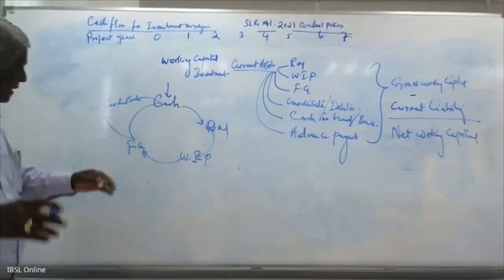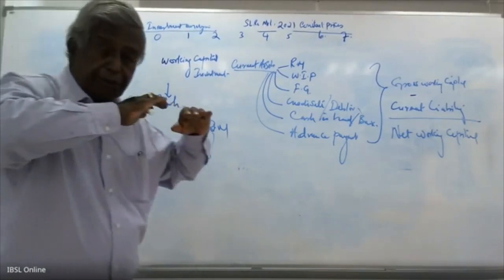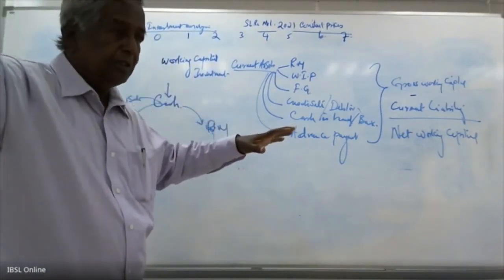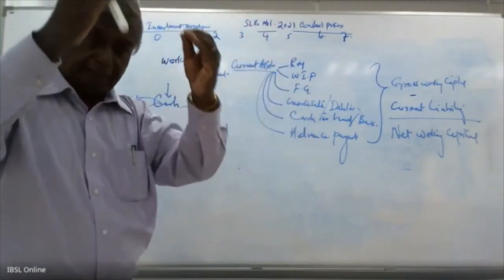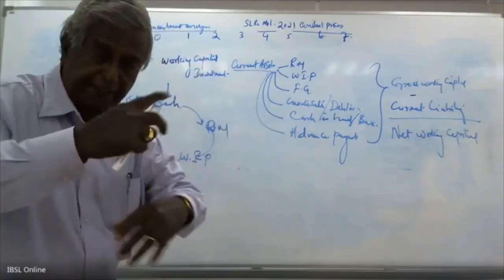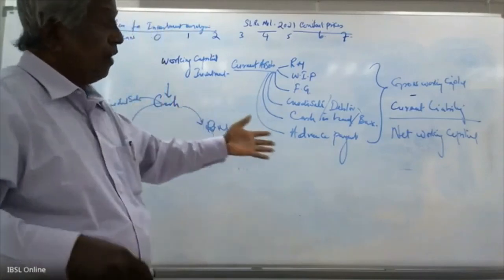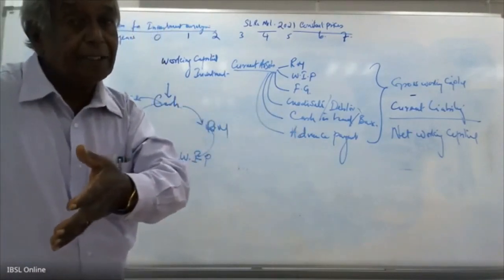This is the working capital cycle. As long as your business goes on, the money should be tied up there. It will be rolling, rotating, revolving working capital. Once you finish your project, what will happen?